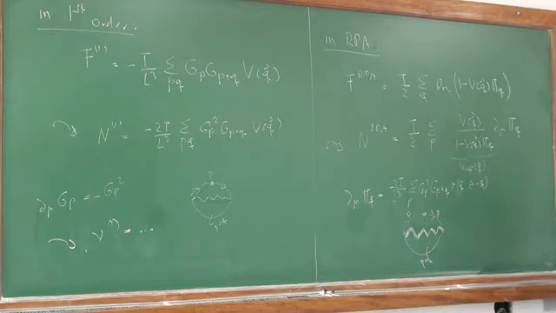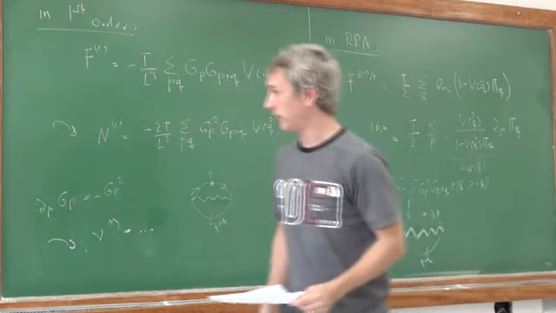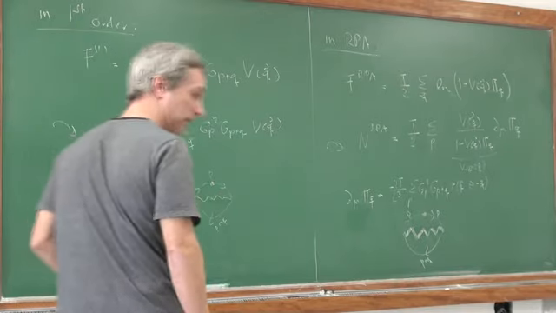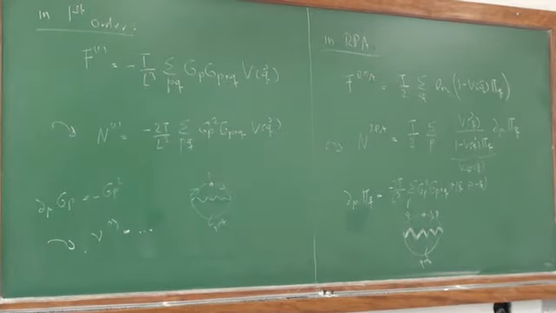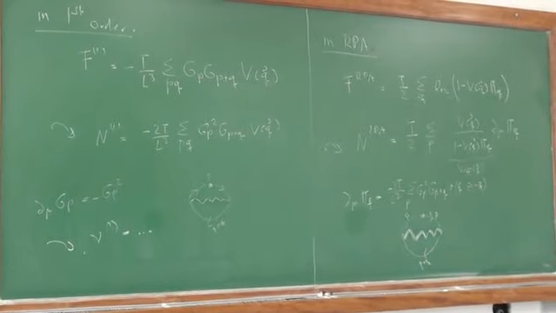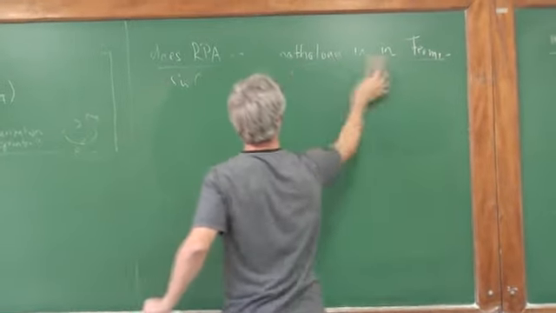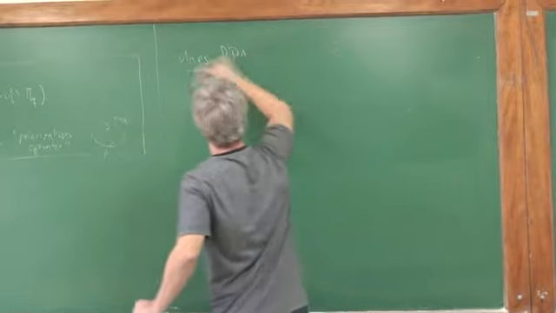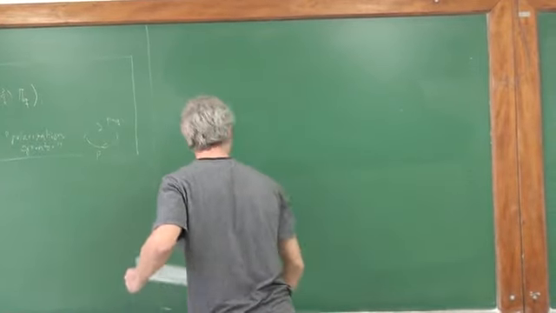Okay, so we see that in the RPA approximation what actually happens is that the Coulomb potential that we had is substituted by an effective potential.